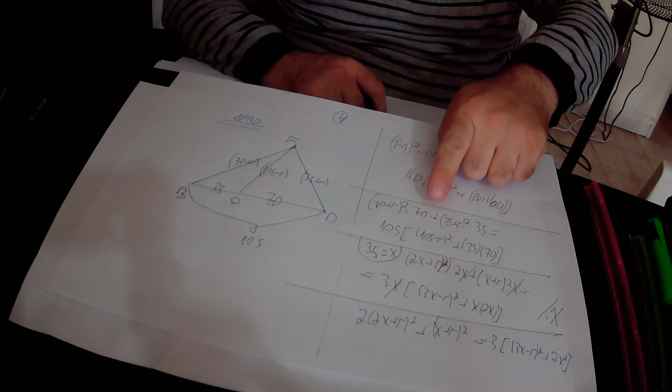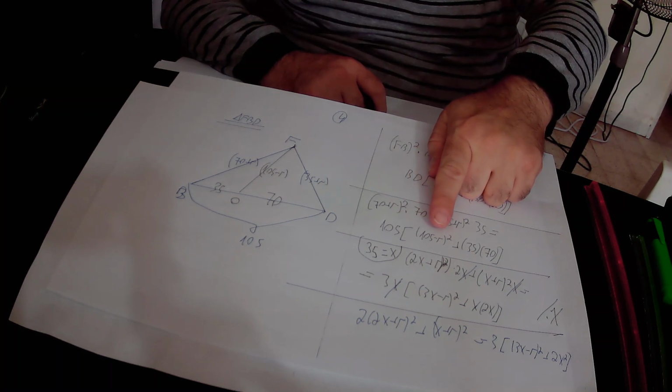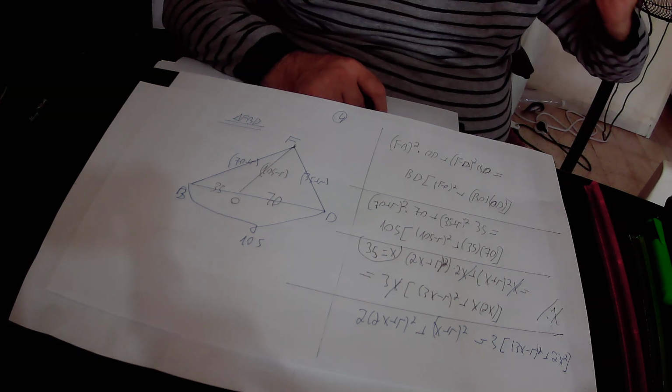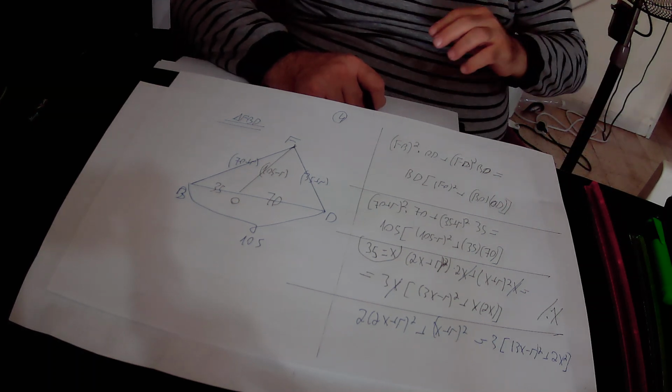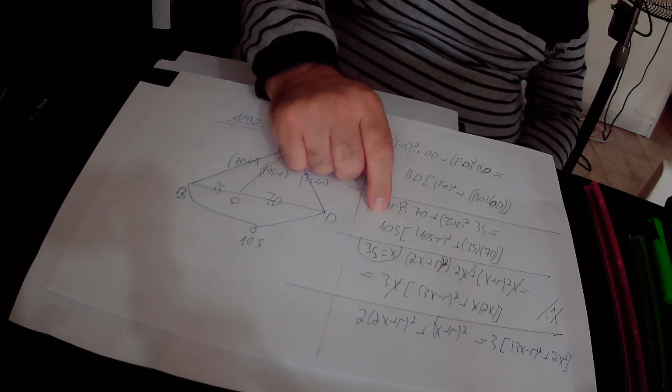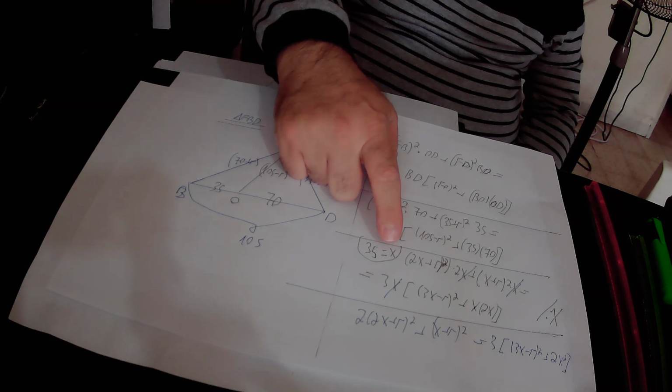So on this side of the equation we have 2x plus r squared times 2x, plus x plus r squared times x. And on the other side of the equation we have 105, that is 3 times 35, that is 3x.